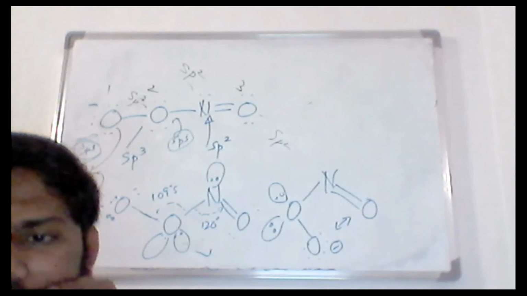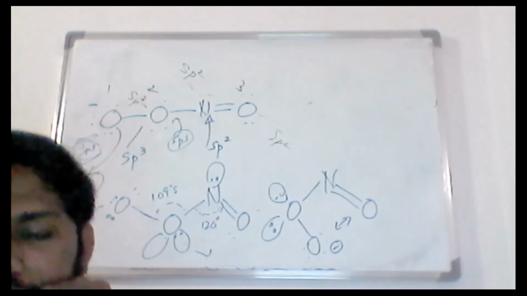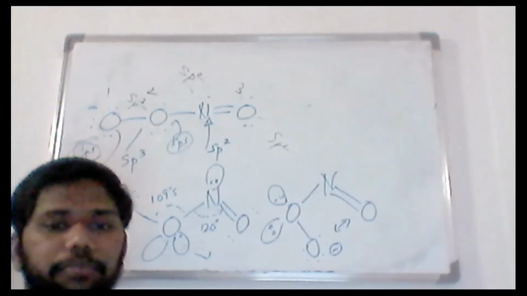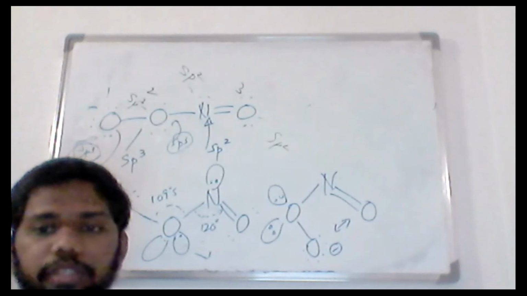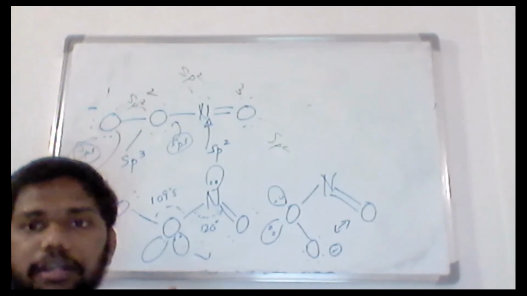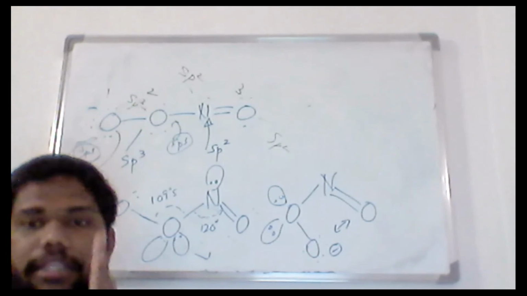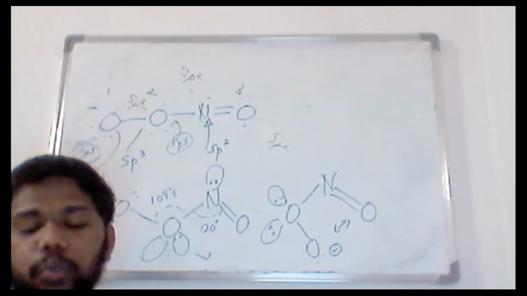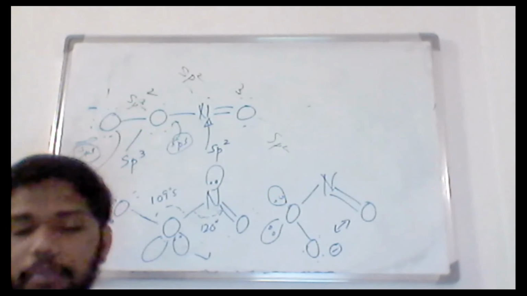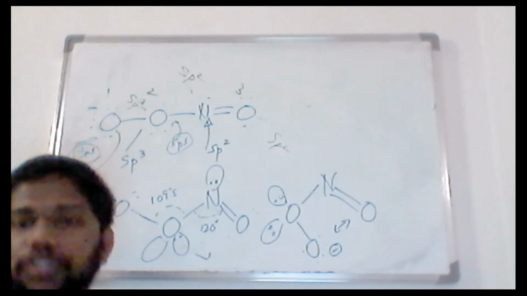In 5, the shape around nitrogen is angular. Then is the angle less than 120? Yeah, it's correct. For example, the idea of this shape is like if there are two single bonds and a double bond, then it is okay.